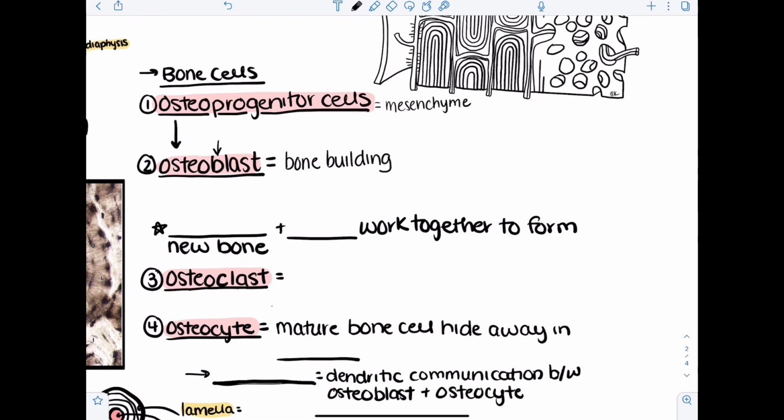How do they build the bone? Well, they secrete osteoid. Osteoid is uncalcified bone, so it's not yet crystallized. But these osteoblasts secrete it outwardly. And they also produce osteocalcin.